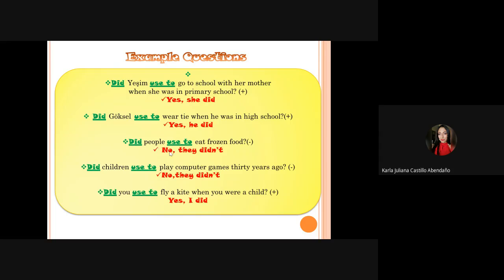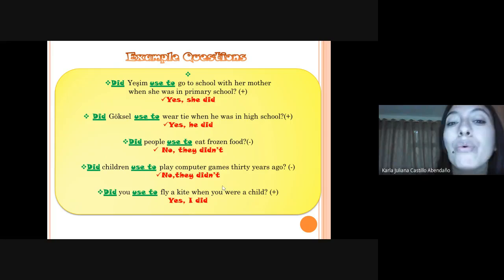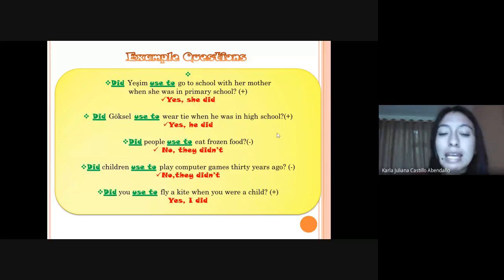And what is here? "No, they didn't." Why "they"? Because we are replacing "people." As it is more than one, in plural, we can replace it with "they." And in the same way with the rest of them, right?